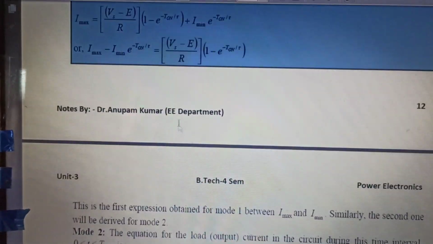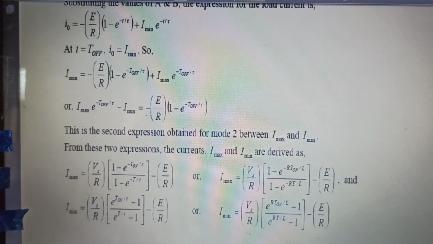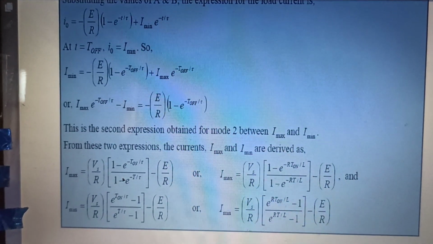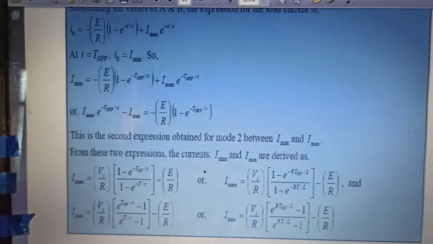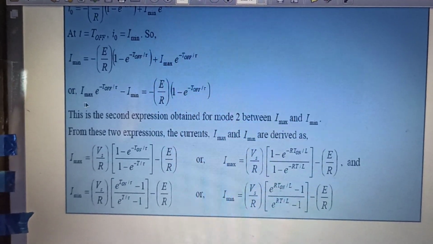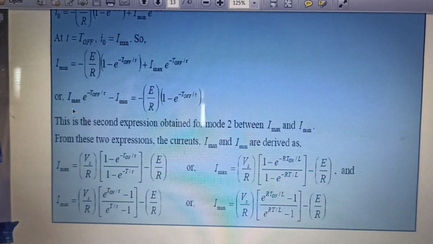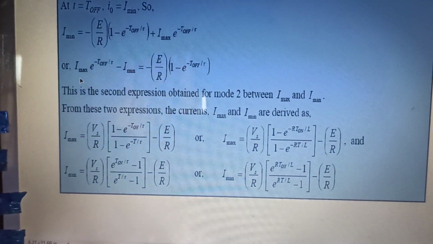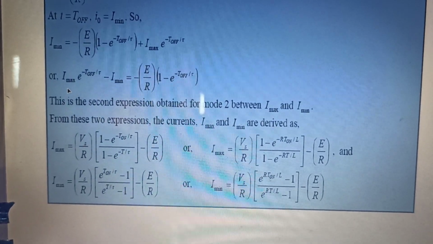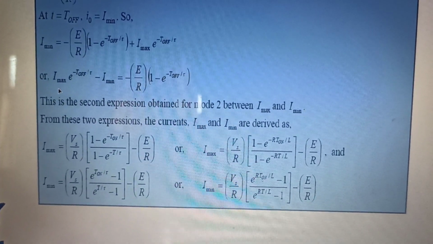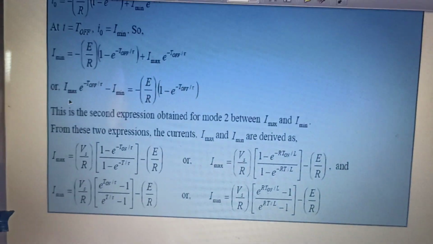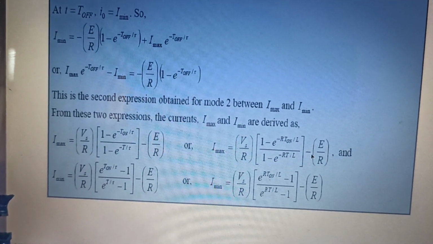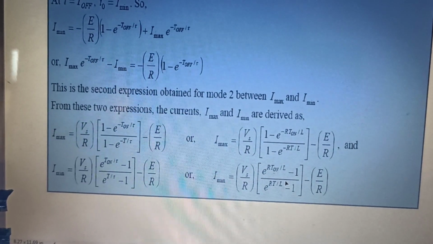From these two equations, by multiplying with e to the power minus t on upon tau, we will get I max and I minimum. The expressions of I max and I minimum are easily obtained. I max is this, I minimum is this.